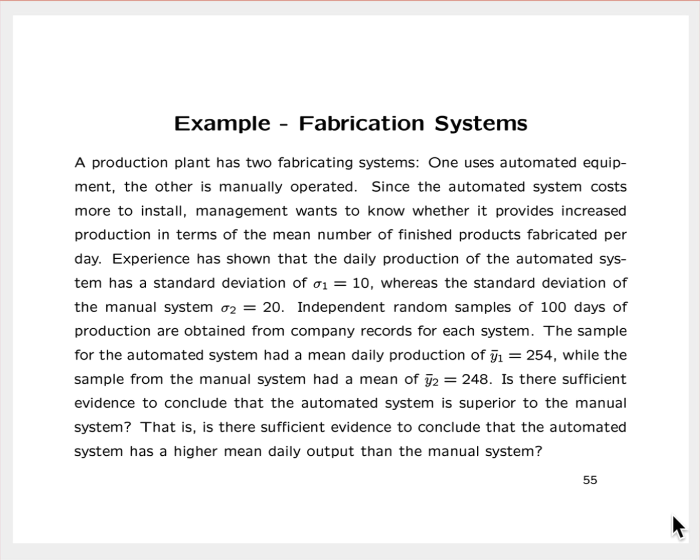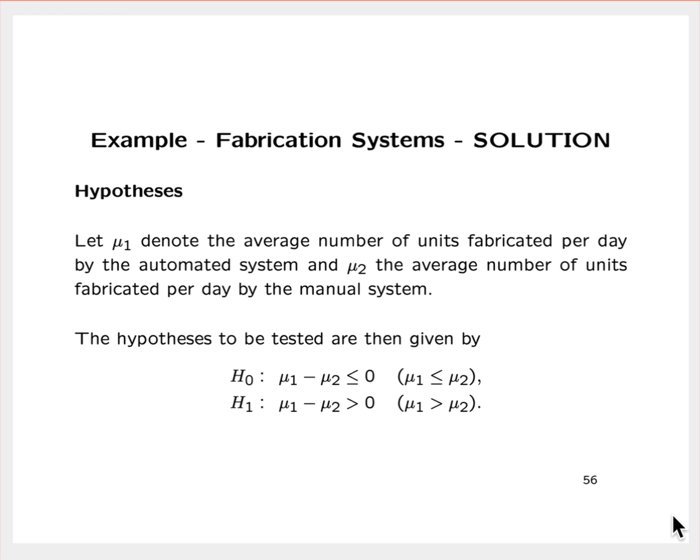The question is: is there sufficient evidence to conclude that the automated system is superior to the manual system? That is, that the automated system has a higher mean daily output than the manual system? And so let mu1 denote the average number of units fabricated per day by the automated system, and mu2 the average number of units fabricated per day by the manual system.